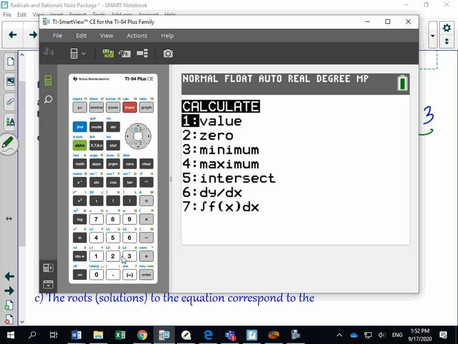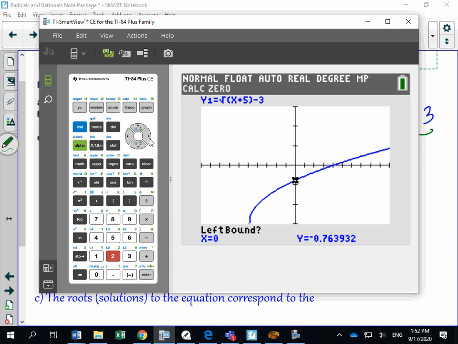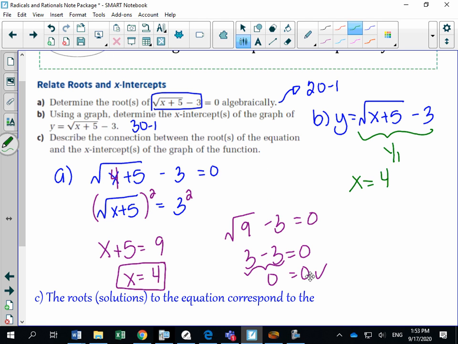And then if I went second function calculate as 0, so I'm looking for that 0 there. So I need to go left of the 0, which is below, right of the 0, which is above, and then enter. X is equal to 4.